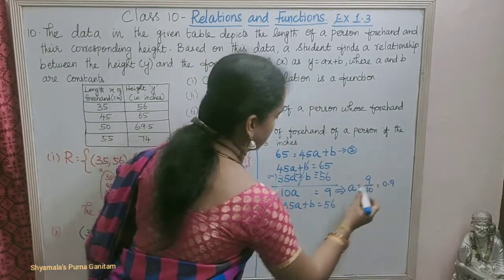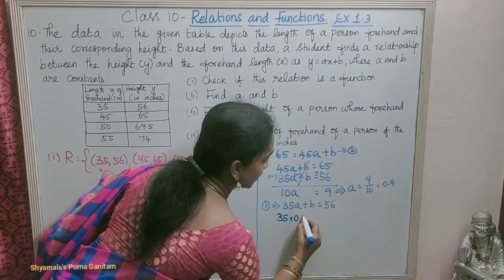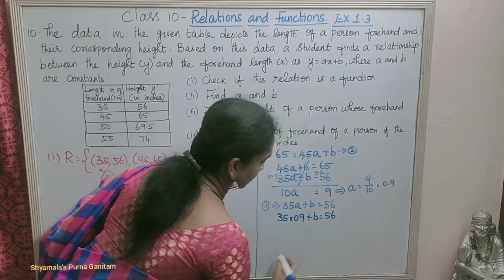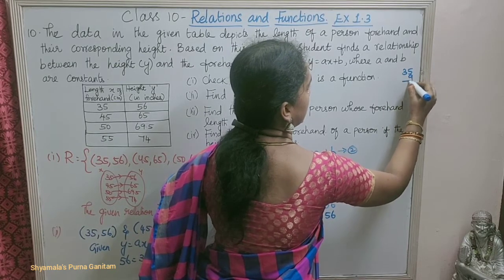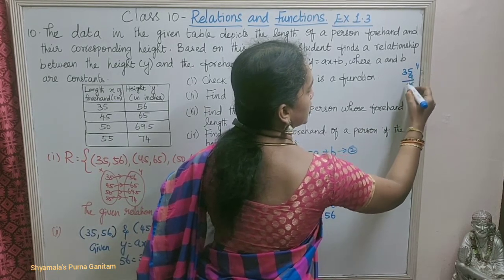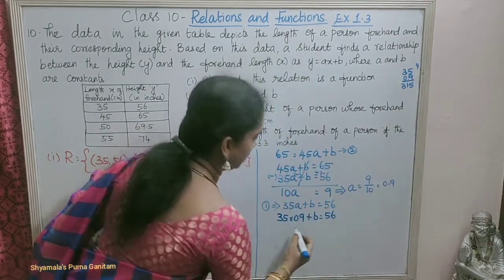The a value we got is 0.9. So 35 into 0.9 plus b is equal to 56. So 35 into 9 is 9 5s are 45, 9 3s are 27 plus 4, 31. So this is 0.9, so 31.5.